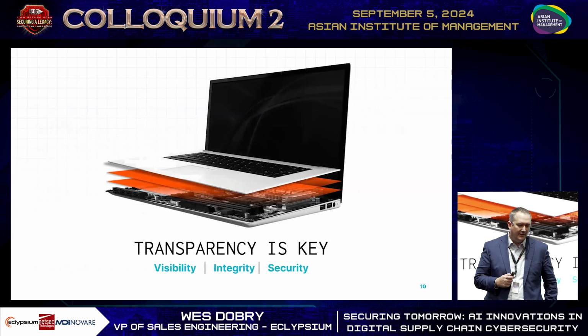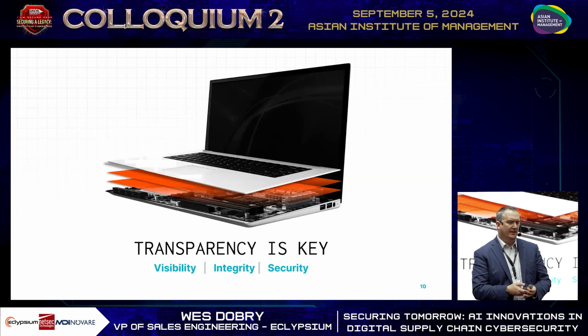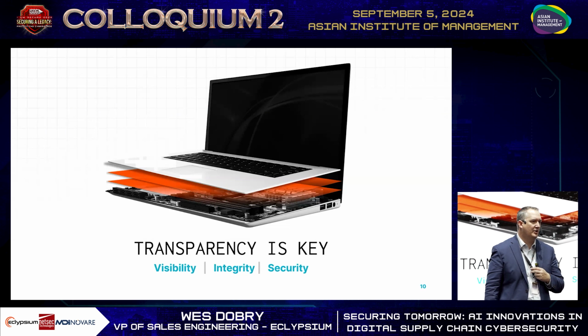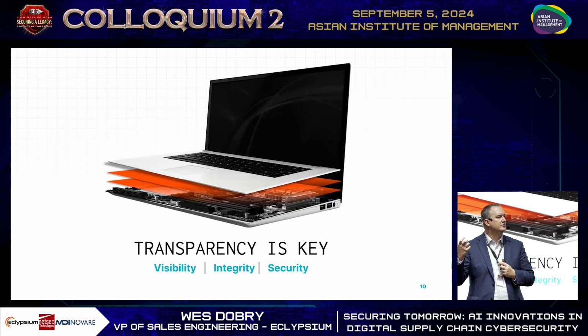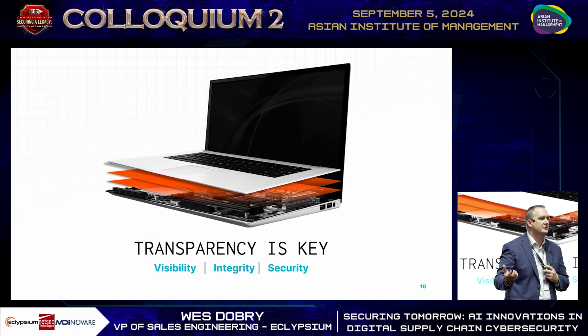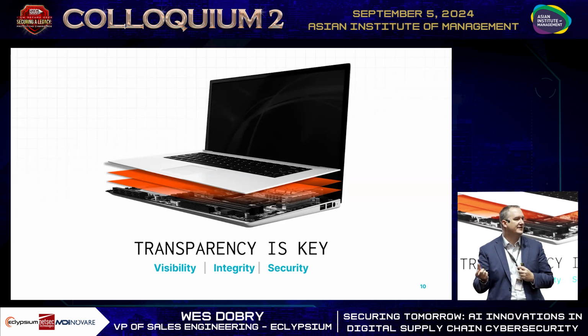So my call to action is ultimately bringing transparency to this process. I work with federal governments and enterprises to build controls or policy to try to require manufacturers to allow this layer of transparency. And I see this in 3 different areas. First is visibility.